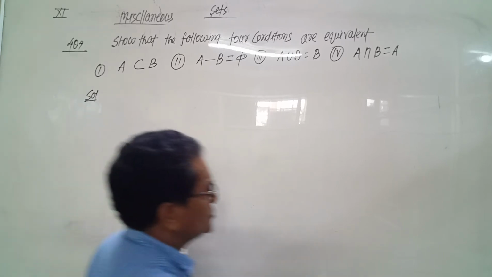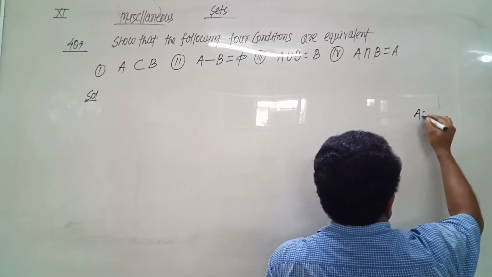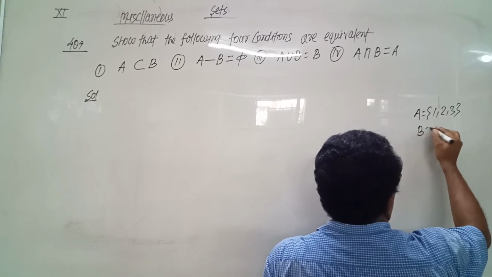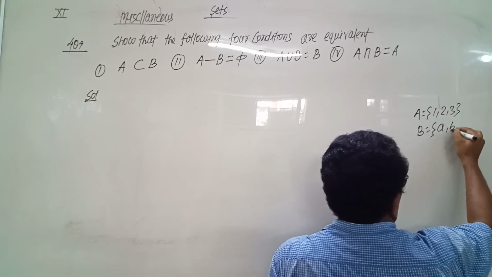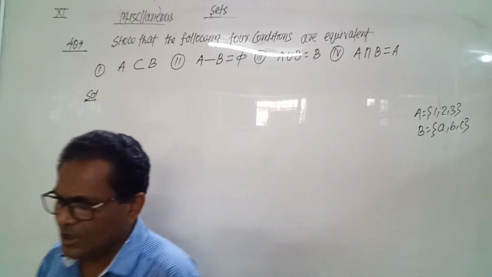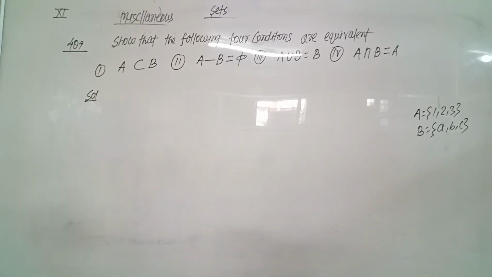Suppose A equals to {1, 2, 3} and set B equals to {a, b, c}. So they are equivalent sets because both the sets A and B have equal number of elements.